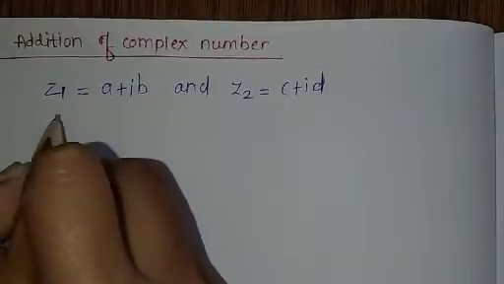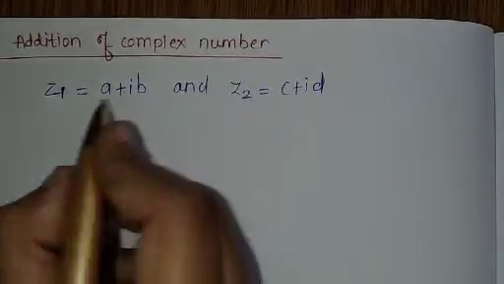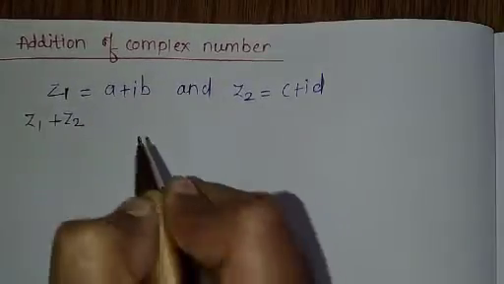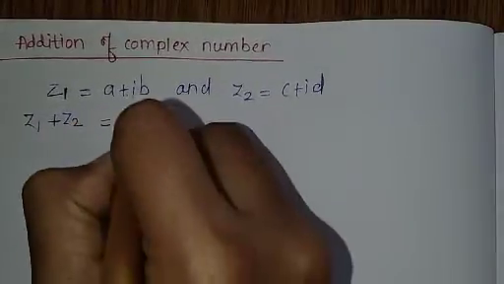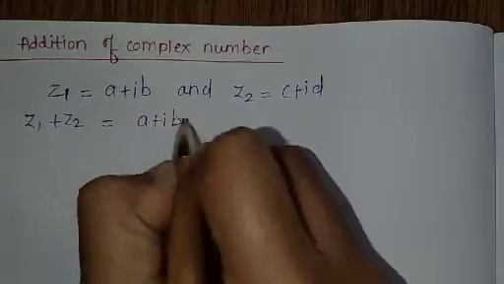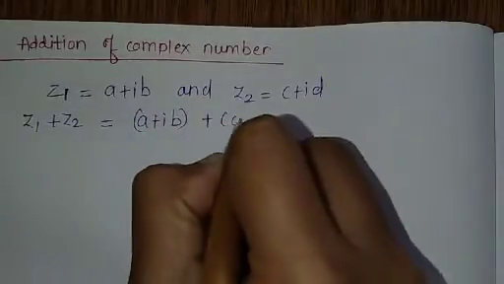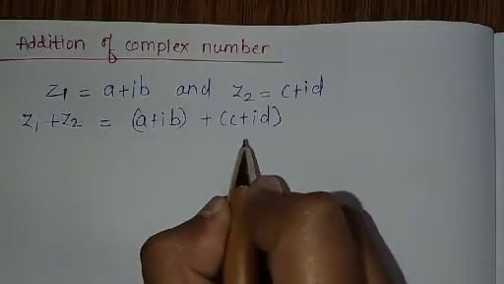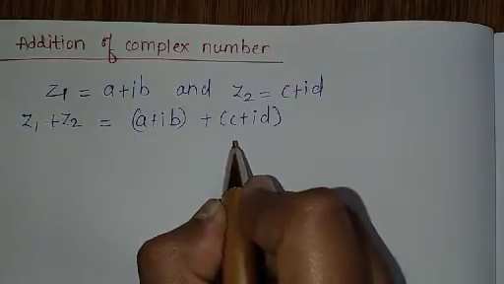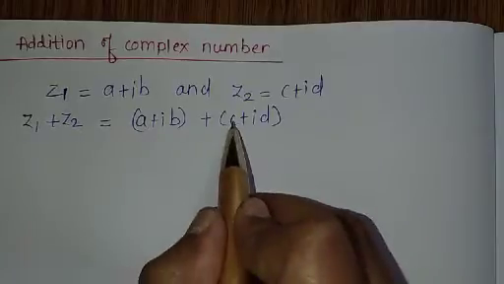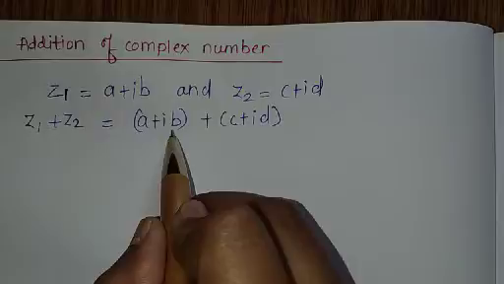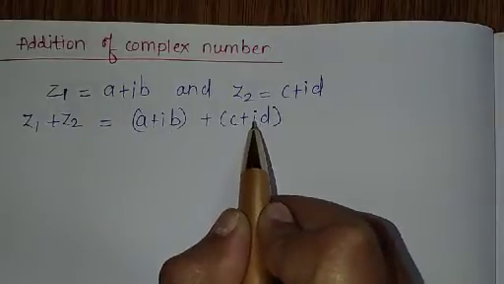Then we have to add these two complex numbers as Z1 plus Z2, which is equal to A plus iB plus C plus iD. In the addition of two complex numbers, we have to add the real parts of these two complex numbers together and imaginary parts together.